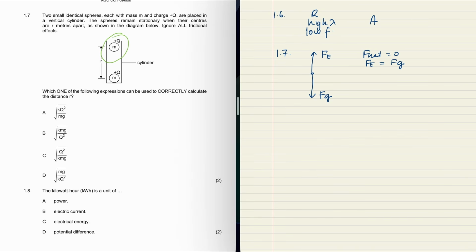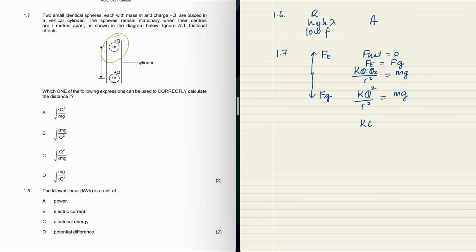Now Fe is equal to kQ1Q2 divided by r squared, and that's equal to mg. Now because the charges are the same, we can rewrite this as kq squared divided by r squared, and that's equal to mg. Now we want to solve for r, so let's switch the r squared over.